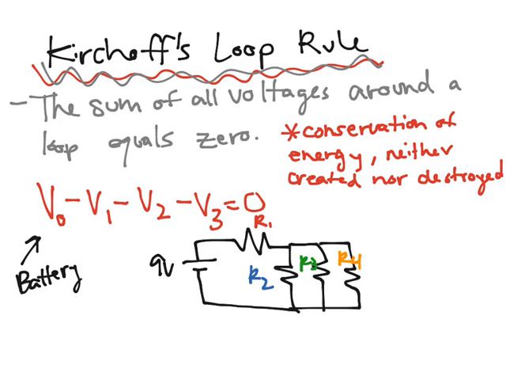So we originally start with a 9-volt battery, and then to write out Kirchhoff's loop rule, we would have to subtract each voltage drop per resistor.